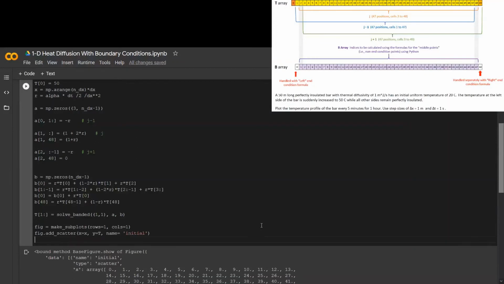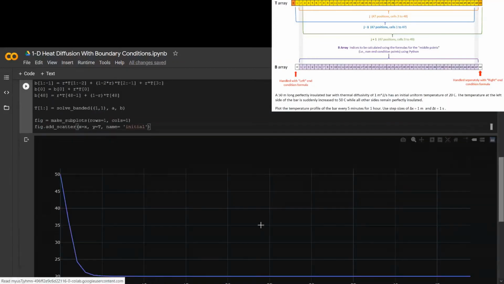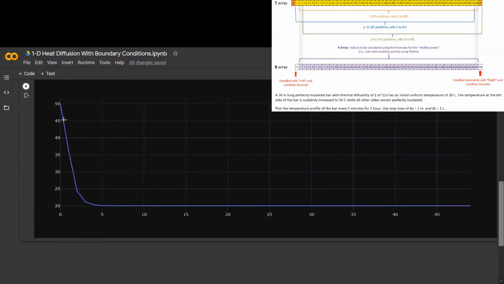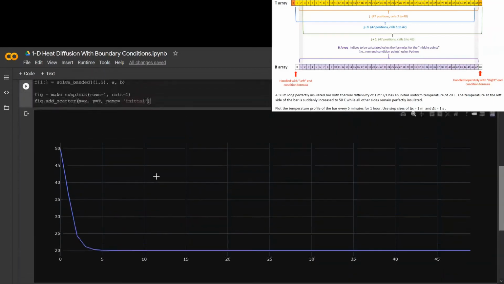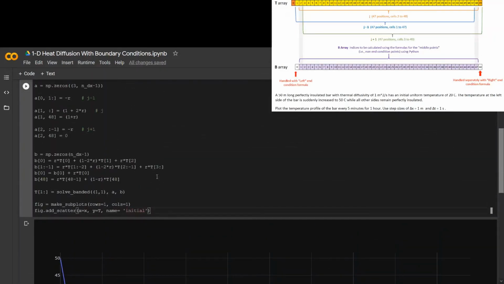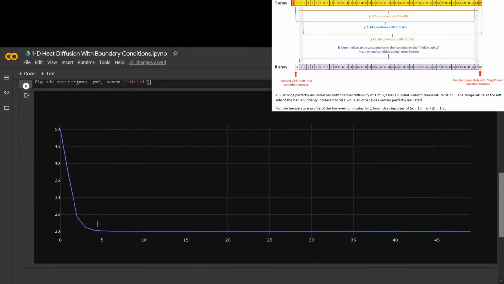Why is it not showing my... There we go. Okay, that's what we want. So that was the mistake there. This is essentially what I plotted here. This is my temperature at n+1.